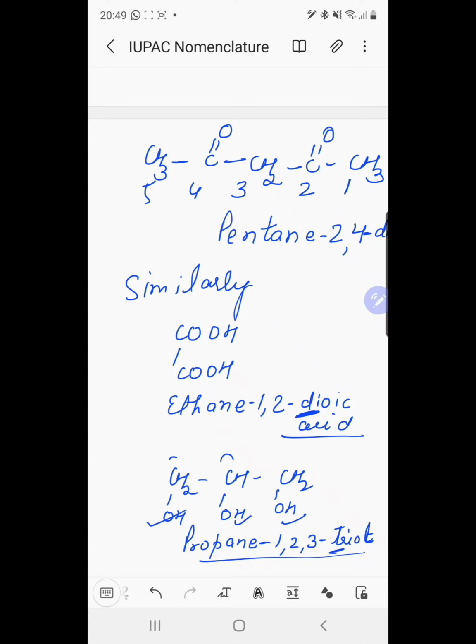When a chain terminating functional group such as aldehyde, carboxylic acid, ester, amide, acid chloride or cyanide is present, it is always given the number 1, and number 1 is usually omitted from the final name of the compound. And if more than one like functional group is present, we use numerical prefixes like di, tri, tetra, etc. for writing the name of the compound.